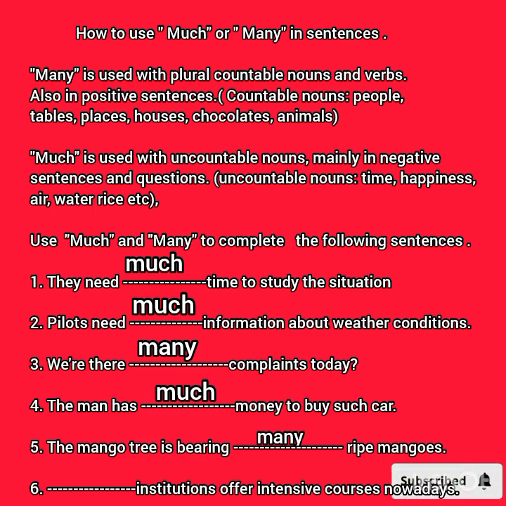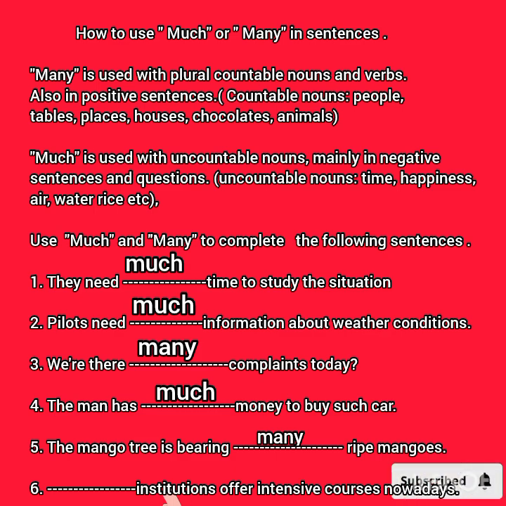Now the sixth sentence. The sixth sentence says: dash institutions offer intensive courses nowadays. Now let's look at the noun in this sentence. Institutions is the noun in this sentence.